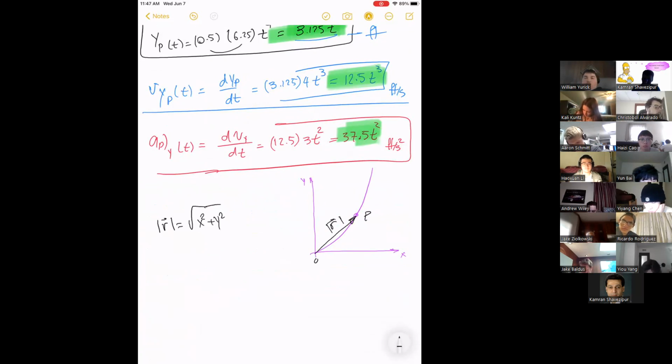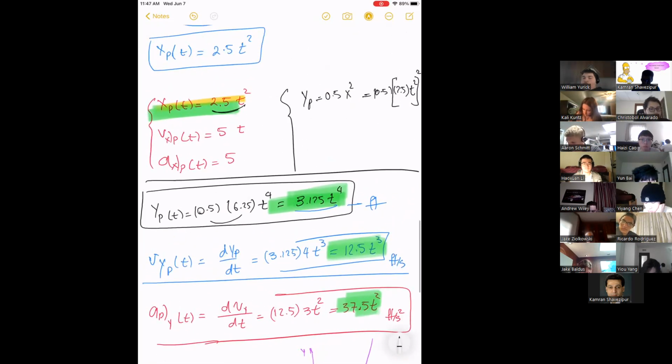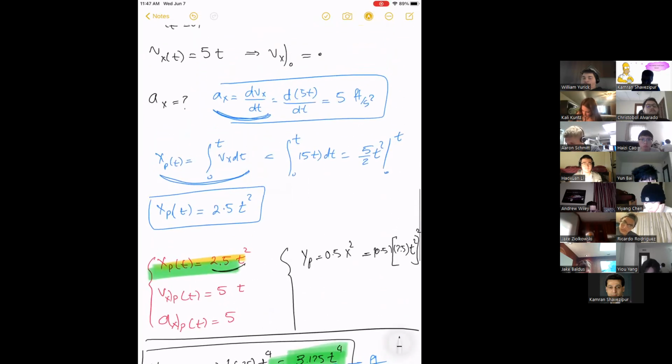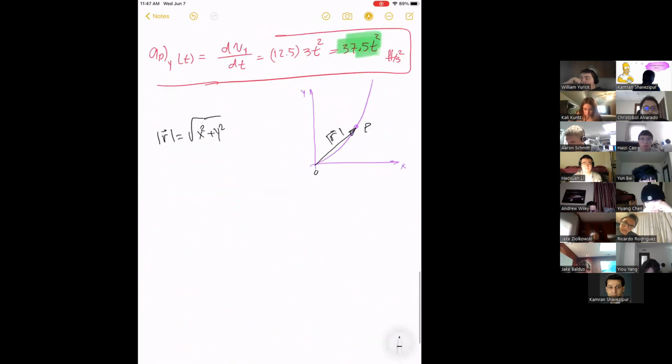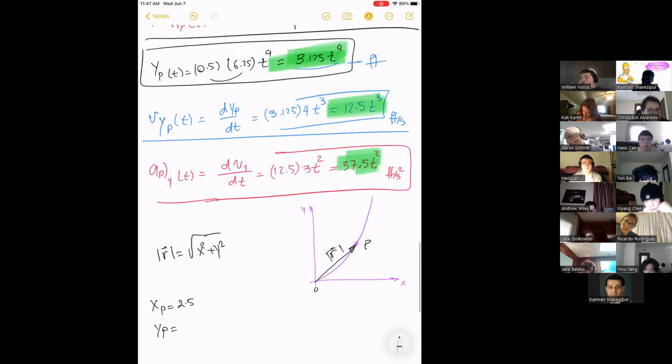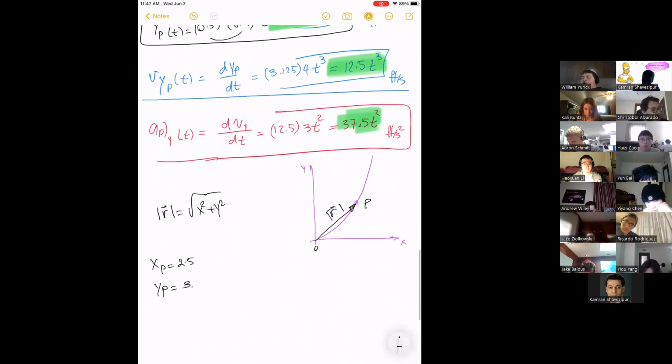By the way, it asks at time equal 1. So if time is 1 second, xp is going to be 2.5 and yp is going to be 3.125. You guys substitute here and tell me how much r is.